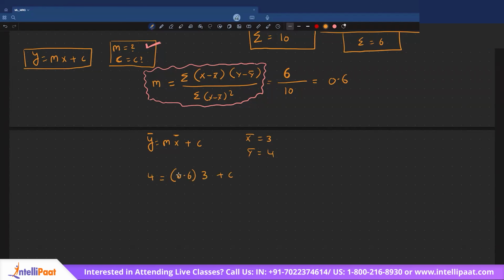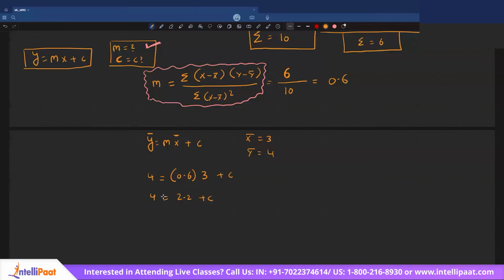So mathematically, if I solve this, 4 is equal to, what is 0.6 into 3? Is it 2.2? Okay, that's good. 2.2 plus c. Now, listen to me. In mathematics, when you jump across the equal to sign, you convert the sign from positive to negative or negative to positive.